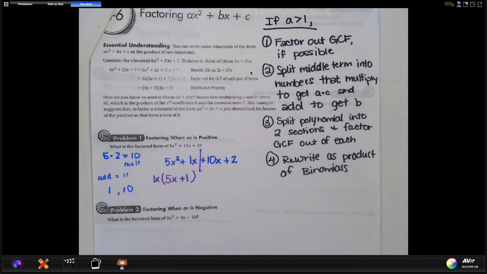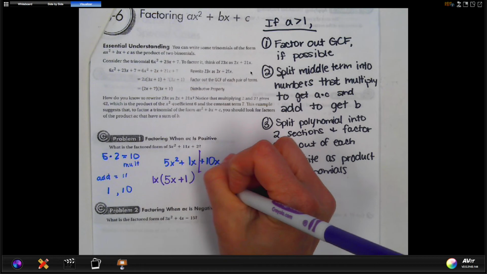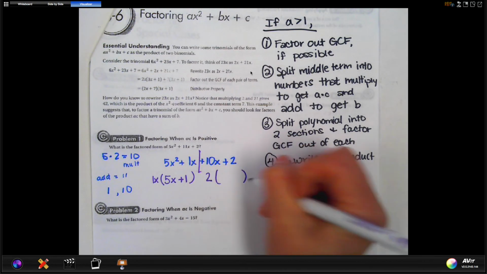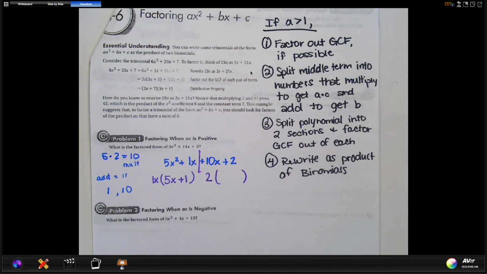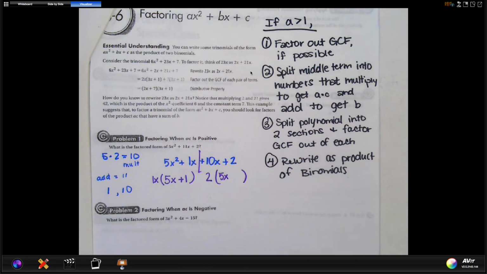Then we're going to do the same to the other side. What is the GCF on this side of 10x and 2? 2. So I'm going to take 2 out, and I am going to put parentheses back in. So 10x divided by 2 is what? 5x. What's 2 divided by 2? 1.